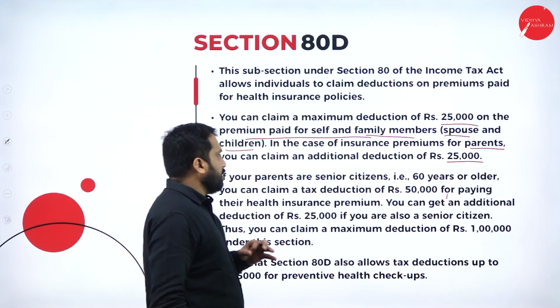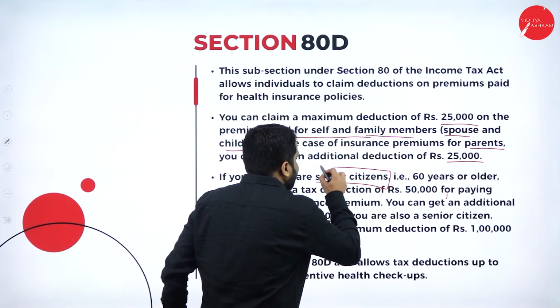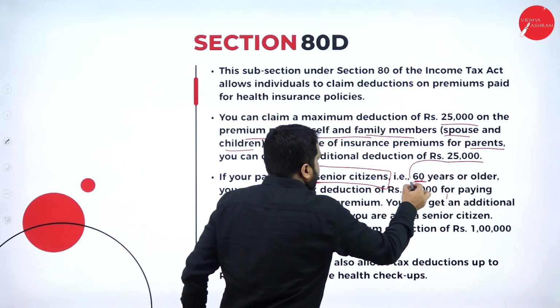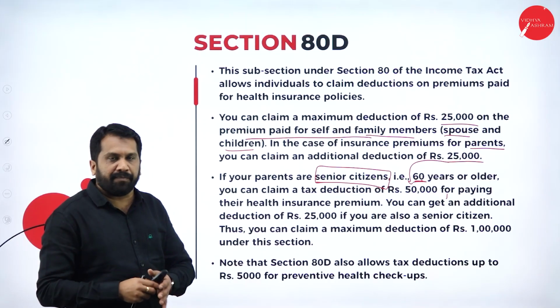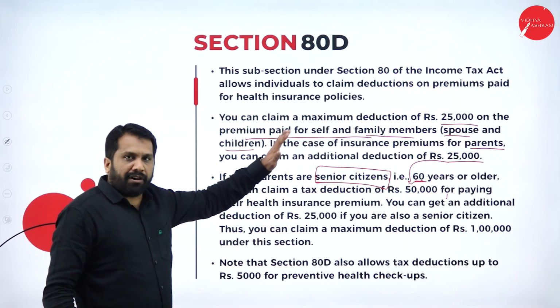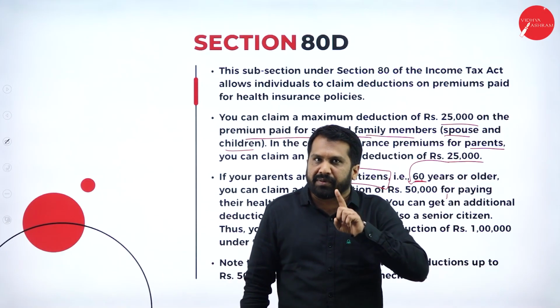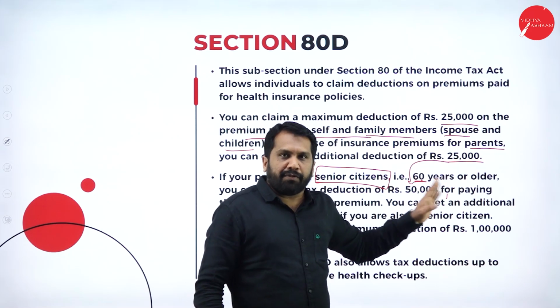In case your parents are senior citizens, above 60 years, instead of 25,000, that will be 50,000, double. Hope you are clear. What is the maximum limit? For yourself, your spouse, children, all put together 25,000. For your parents, 25,000. Total 50,000.